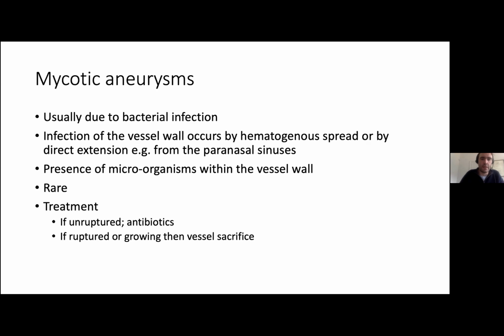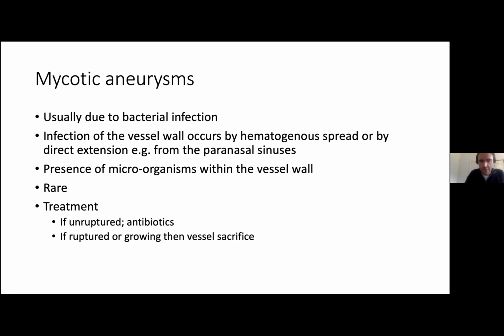They invade the vessel wall, and that causes an aneurysm. You can also get them around the ICA and in people that have quite bad paranasal sinus infections as well. Quite rare.